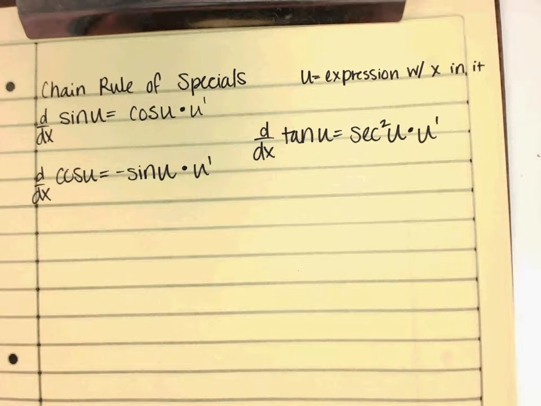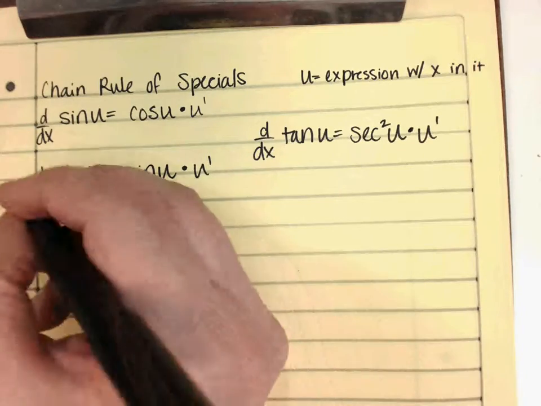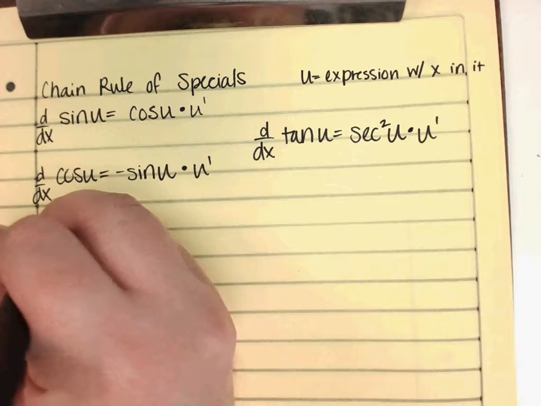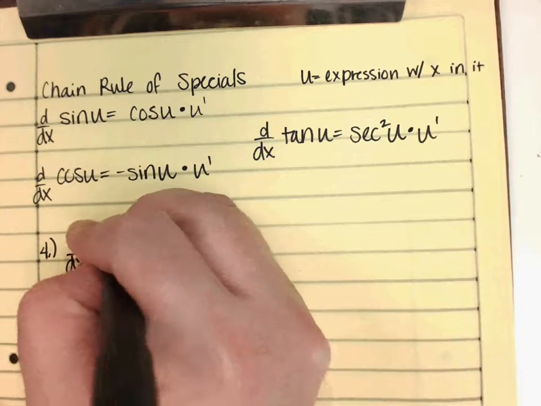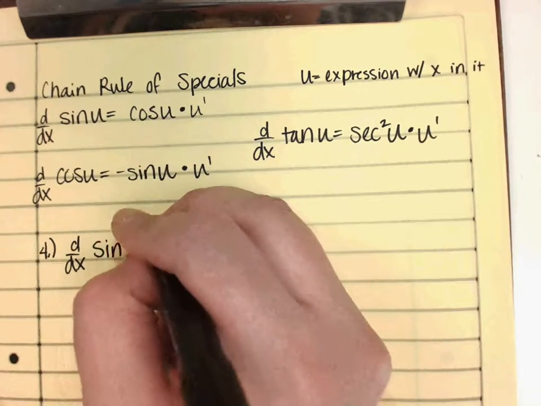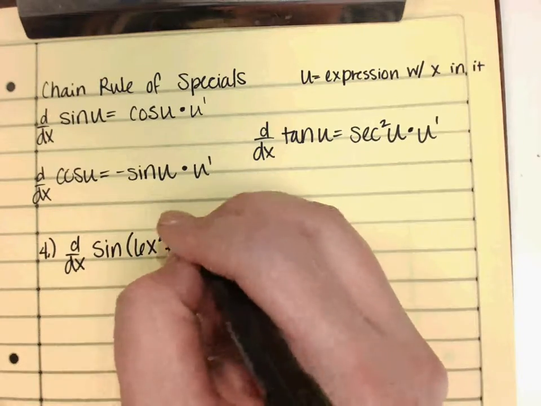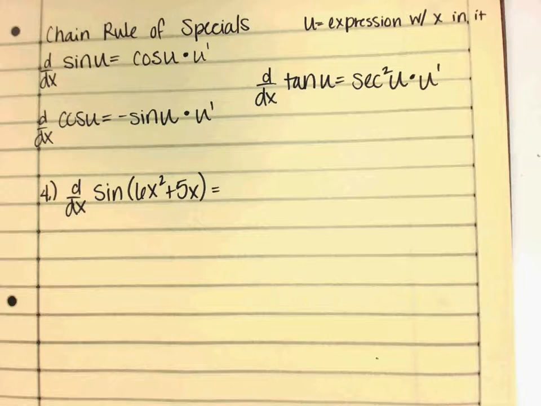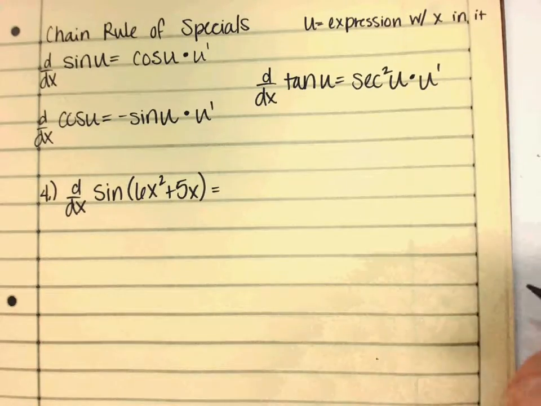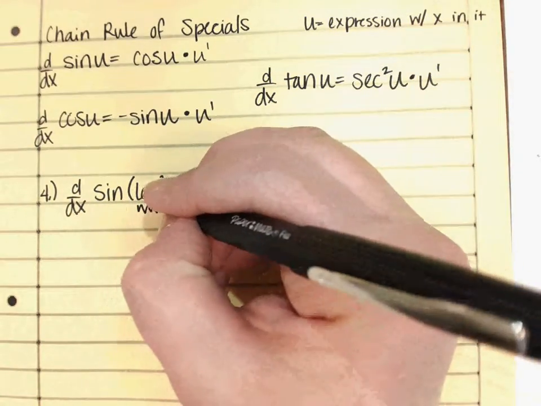Okay, so first one we're going to do is the derivative d dx of sine 6x squared plus 5x. I would be lost if I had to learn this on my own. Underline the core. What's the center function? 6x squared plus 5x.